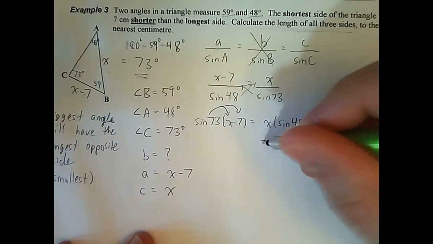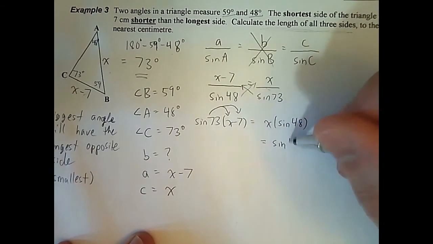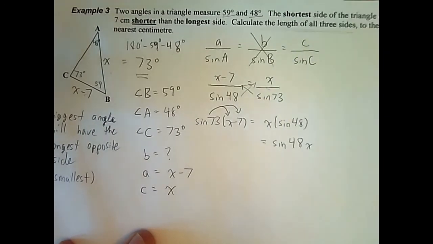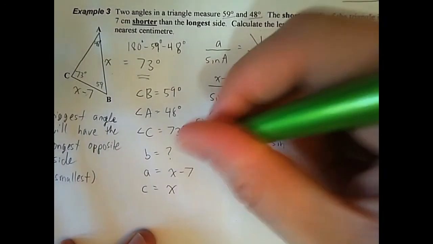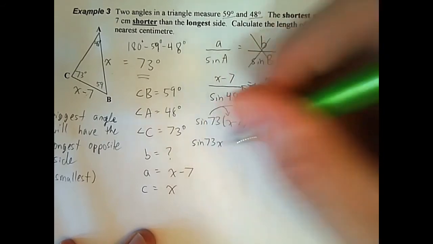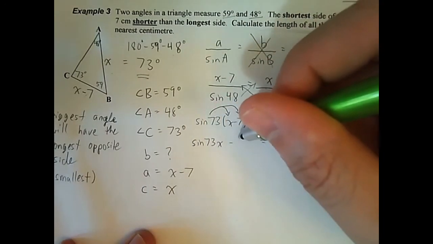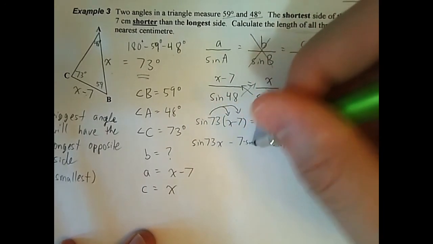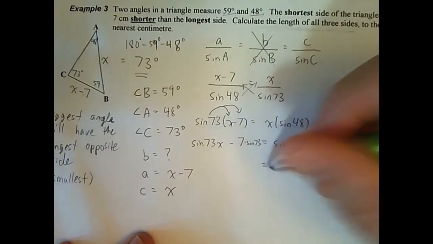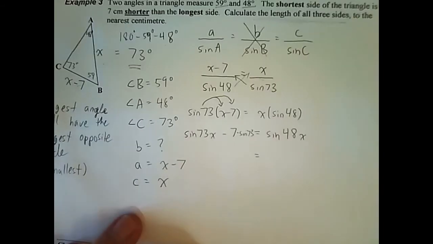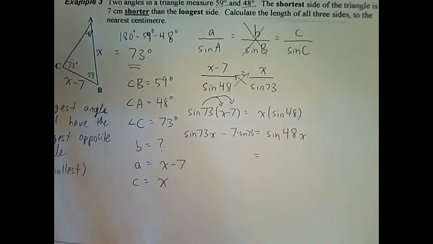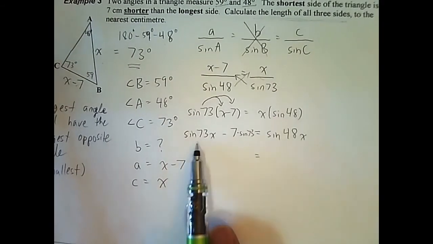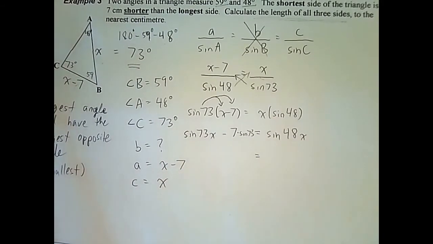So this side is going to equal sine 48 x, and this side is going to be equal to sine 73 x minus 7 times sine 73. At this point, if you wanted to start converting to decimals, I don't blame you. I would convert all of these to decimals and then make them go to 4 decimal places.